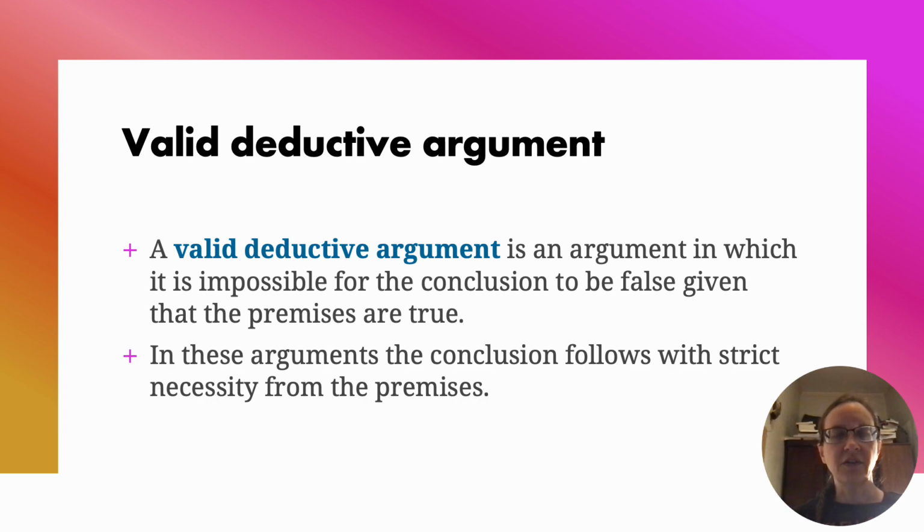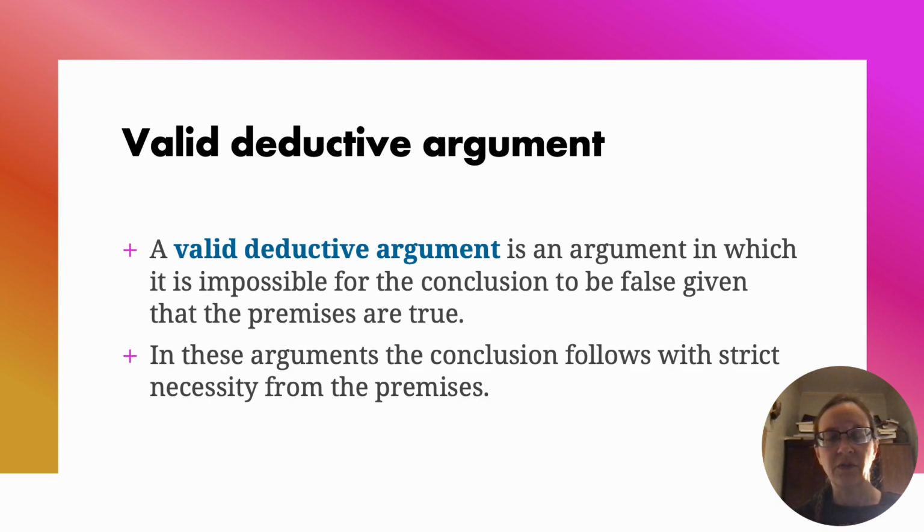So validity has to do with the form of the argument. And a valid deductive argument is an argument where it's impossible for the conclusion to be false if the premises are true. So if the premises are true, the conclusion has to be true. And as you can see by that definition, we're not concerned yet with whether the premises are true.